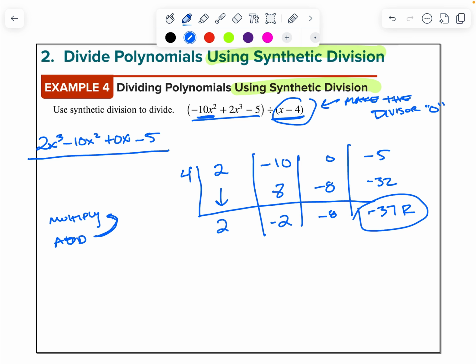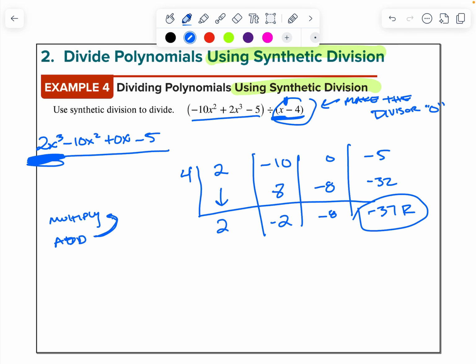And what we're going to do is, since we're dividing x to the third, I need to look at my descending order. We're dividing something whose highest exponent is a 3 by something whose highest exponent is a 1, right? Then our new highest exponent is going to be a 2.